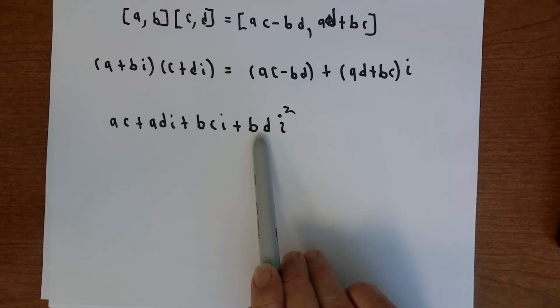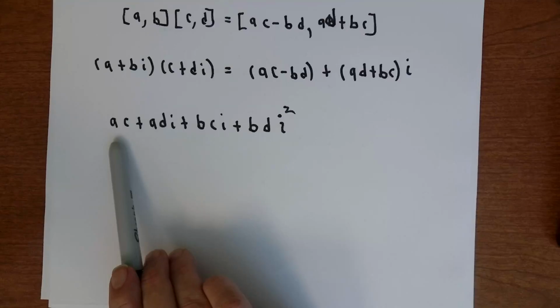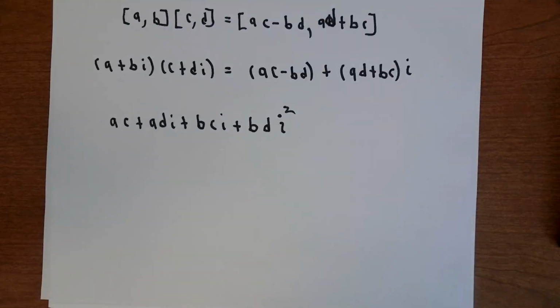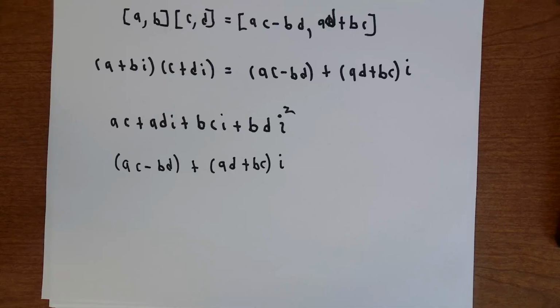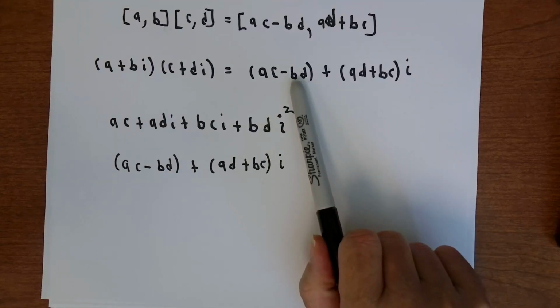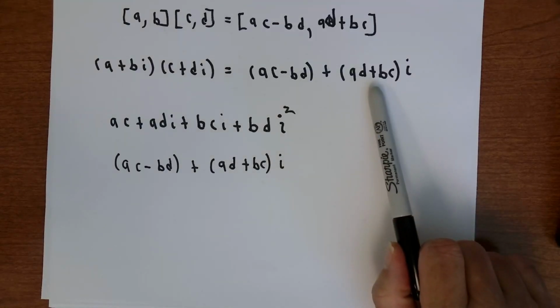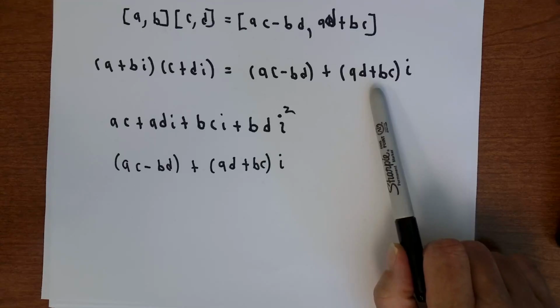That's a real number, which I can combine like terms with. The other two terms have a factor of i, so we'll group those together as well. Doing the arithmetic and combining like terms, I get (ac minus bd) plus (ad plus bc)i.